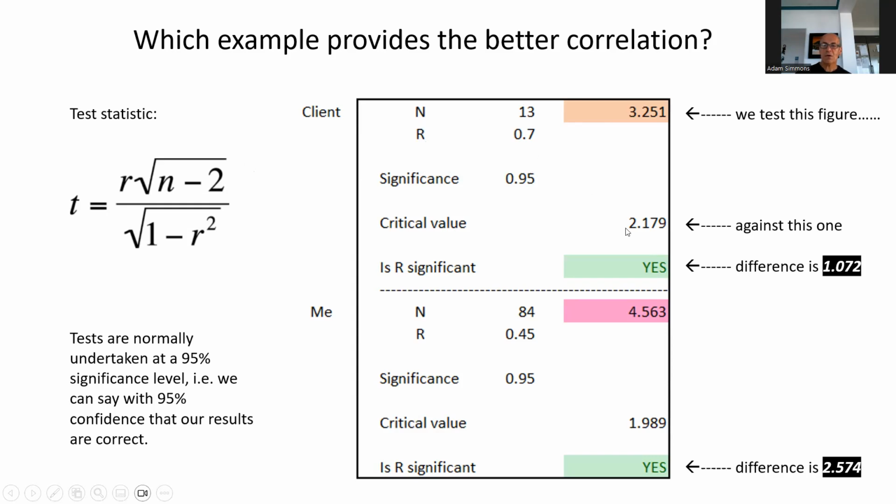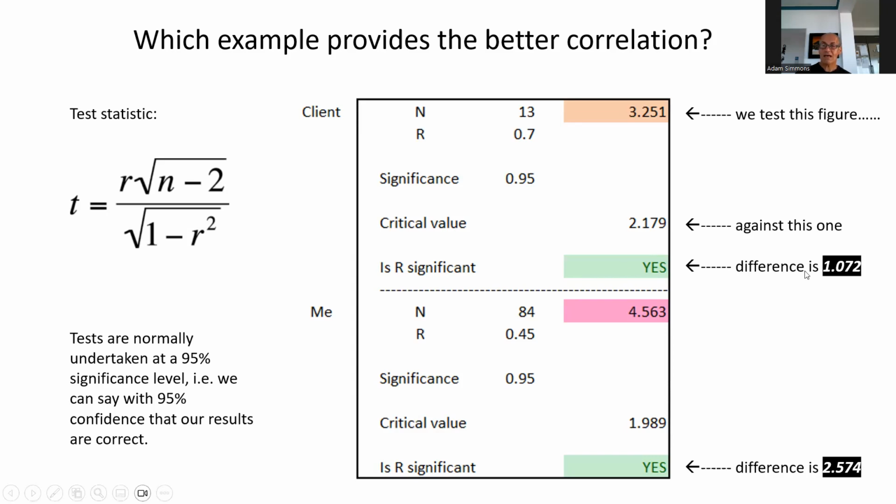Now, this test works on what is called a critical value, which I won't go into details of for now, but what we're testing is whether the figure we have generated is greater than the critical value. For the client, the answer is yes. So the R of 0.7 is significant, so that's a good start.